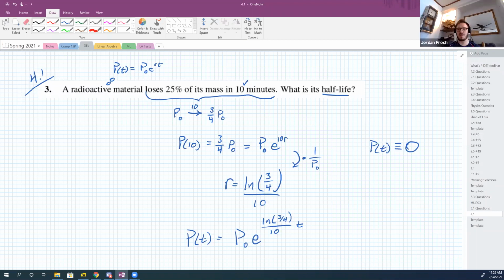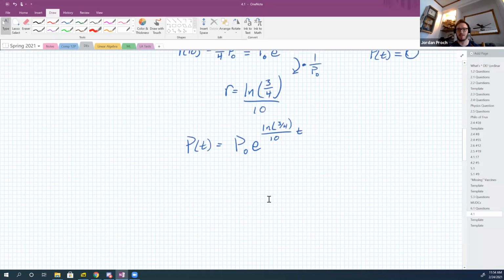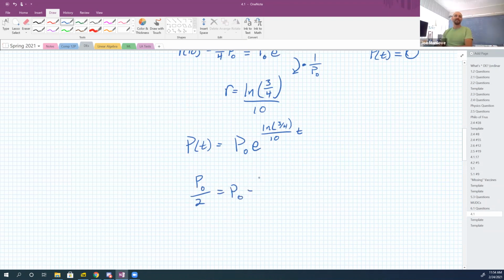Well, it's the amount of time it takes for it to lose half of its substance. So maybe if you do P naught divided by 2 and then set it equal to the model and then solve for T. Yeah, exactly.